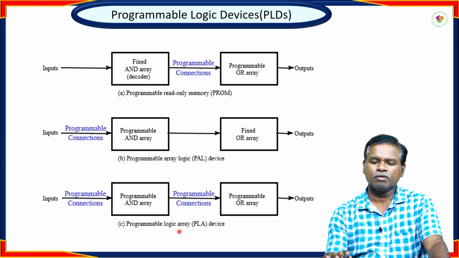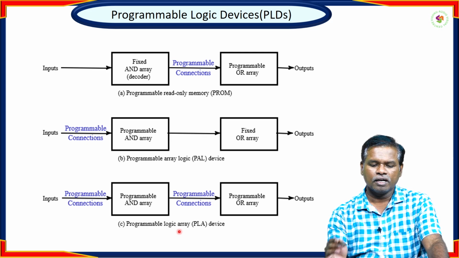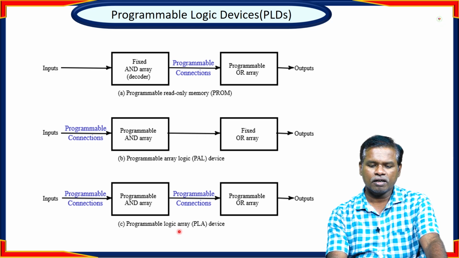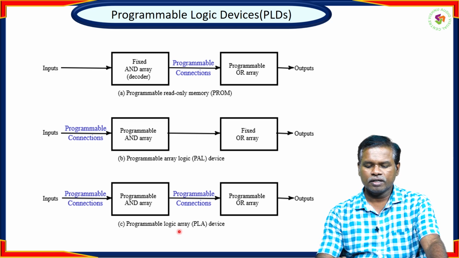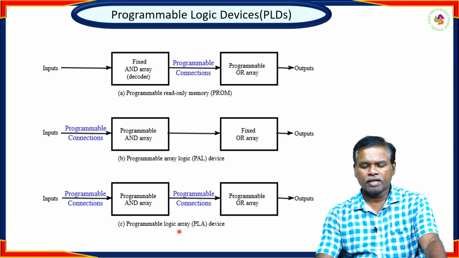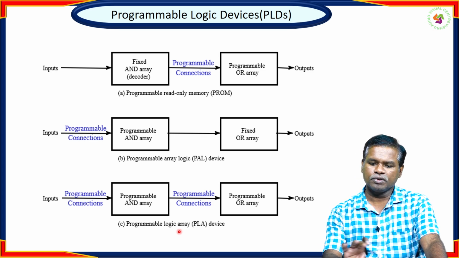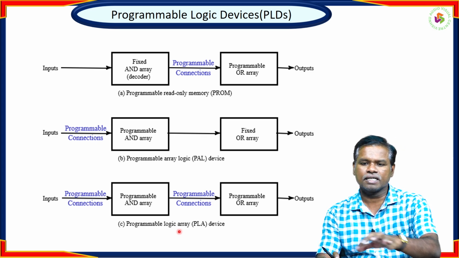That is the nature of PROM. In PAL, we have a programmable AND array and a fixed OR array. And in PLA, it is a programmable AND array as well as a programmable OR array. So please observe the difference between these three structures.